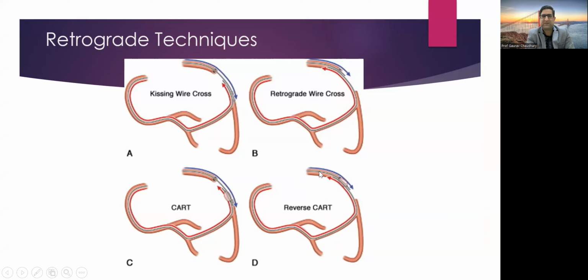Then we can take a balloon over the antegrade wire into the subintimal space and dilate it. Once the distal end is visible, we can negotiate the distal tip of the retrograde wire facing towards this balloon, and as soon as we deflate the balloon in the subintimal space, we can advance the retrograde wire into the subintimal space and then into the lumen.